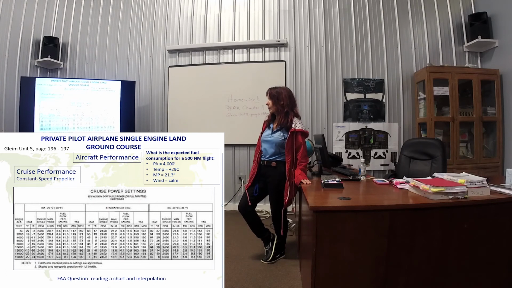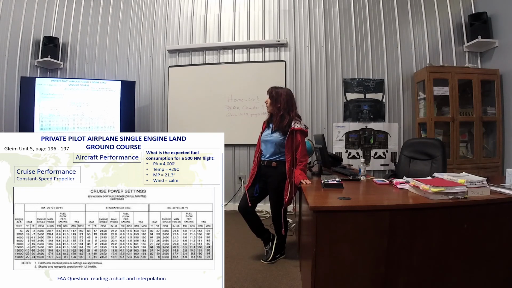This one hurts me. Cruise performance. It's a real chart. It's a Piper, constant speed propeller. So it's really the FAA wanting to know if you can do math. That's all it is, because it's going to be in tripulation. You're going to have to find the difference between something.